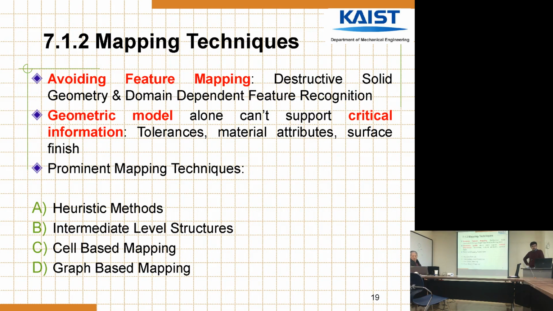The four mapping techniques which I'm going to cover today are heuristic methods, intermediate level structures, and the last two we already have some idea about from the feature recognition lab. We deal with cell-based and also graph-based. But as I told you, feature recognition is a little bit different from feature mapping.